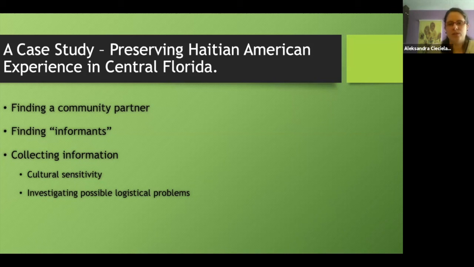We found out, for example, that there are a larger number of people here in the United States with the temporary protected status granted after the 2010 earthquake.